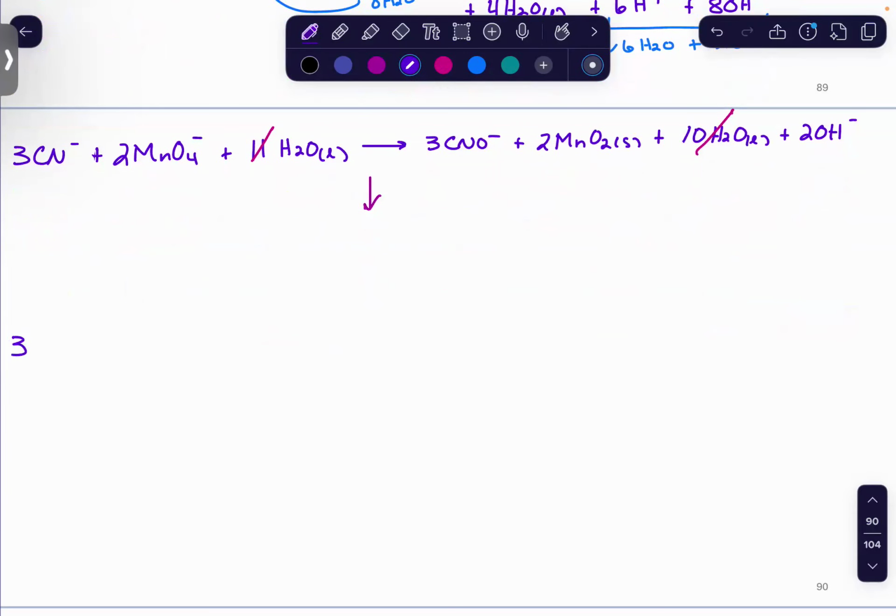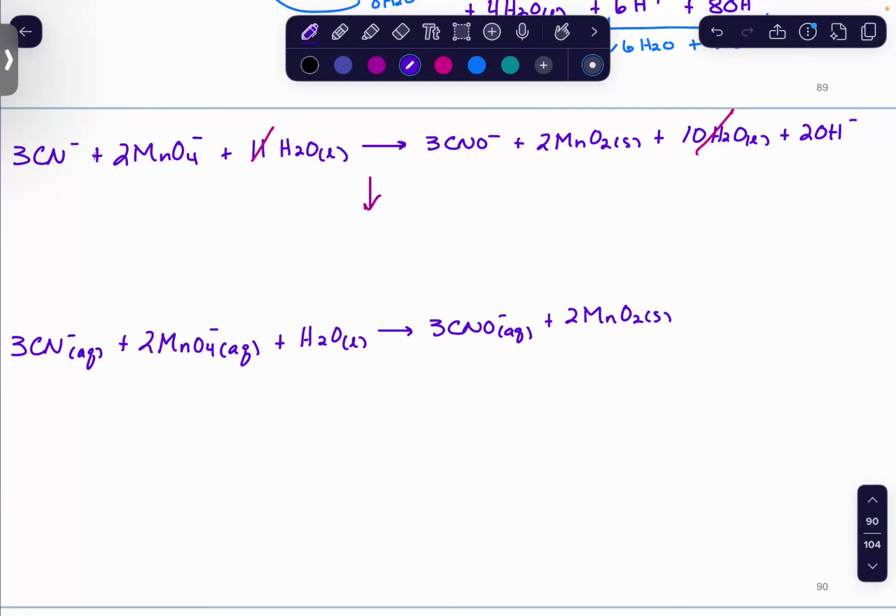Okay. Cyanide, aqueous, 2 permanganates, aqueous, plus water, 3 CNOs, it's an ion, so it's aqueous, 2 manganese 4 oxides, waters are canceled out, plus 2 hydroxides.